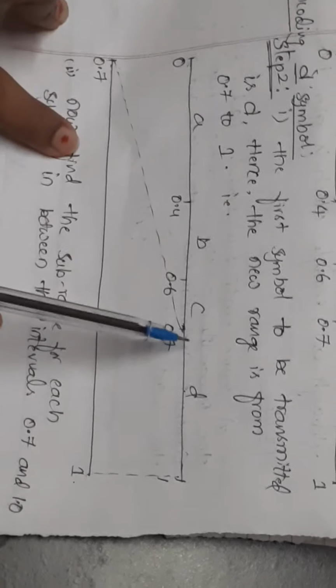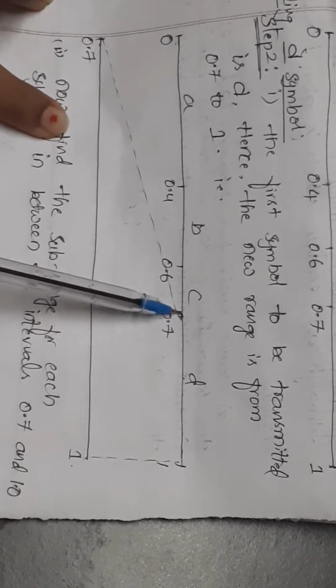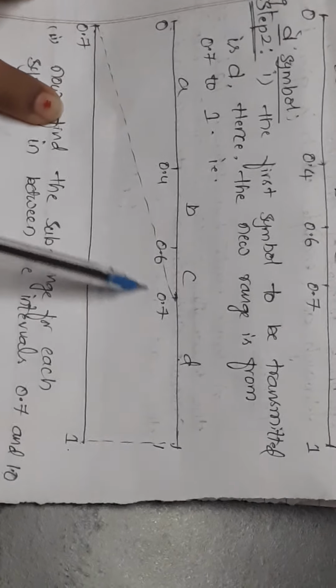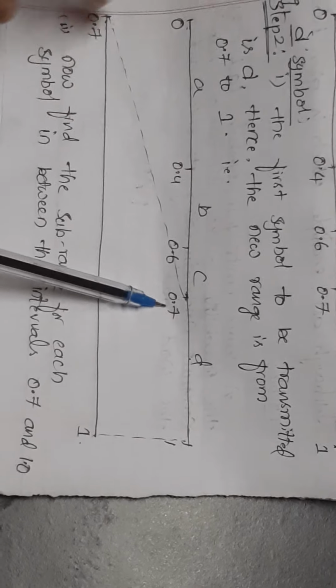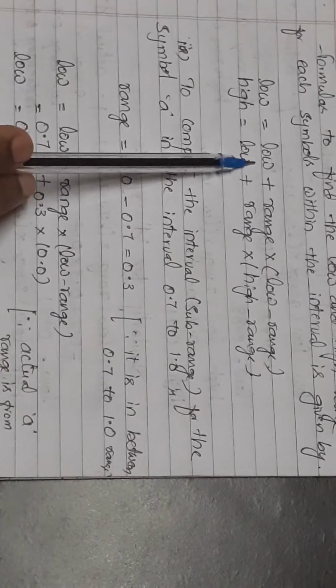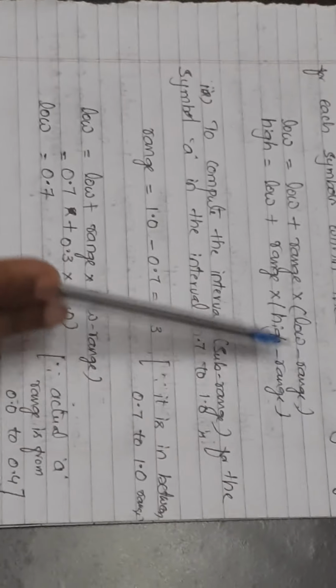Here low is nothing but the low value for this subinterval 0.7 to 1, so low indicates 0.7. In our equation, low is 0.7 every time, and then low range and high range.